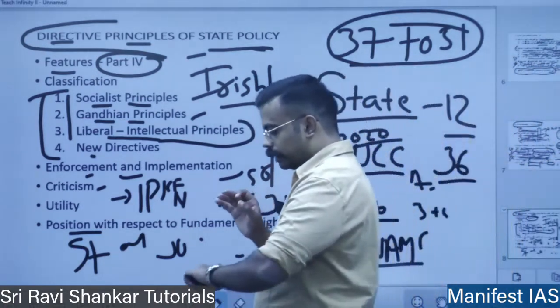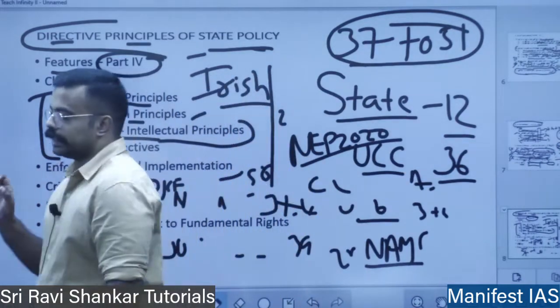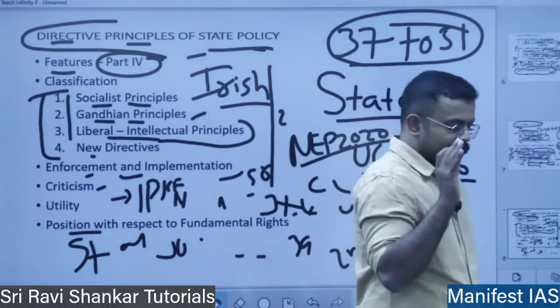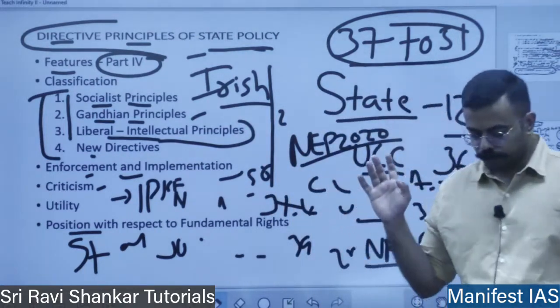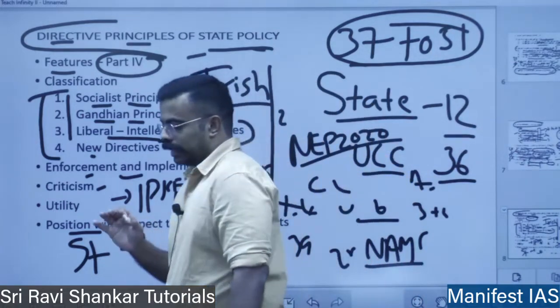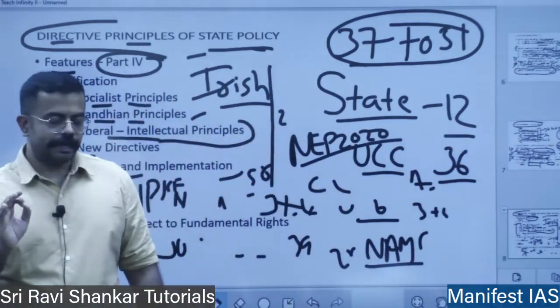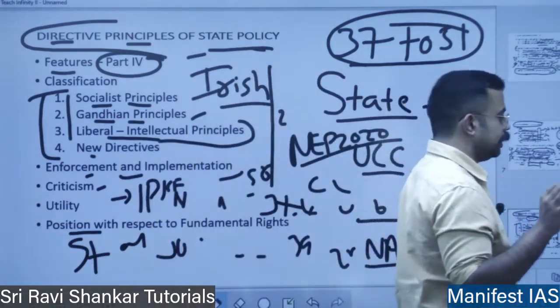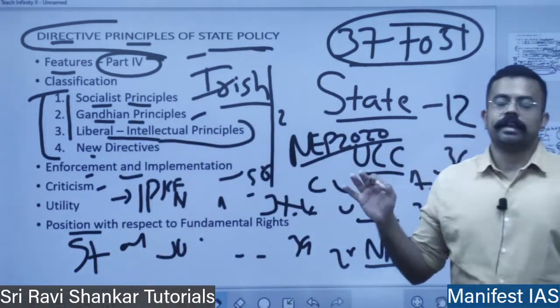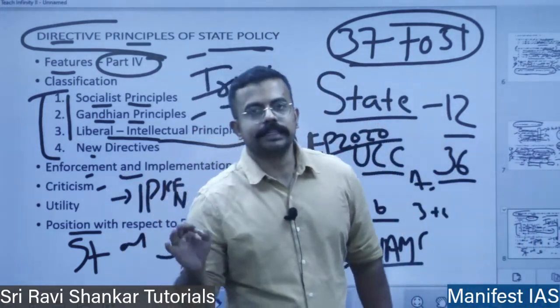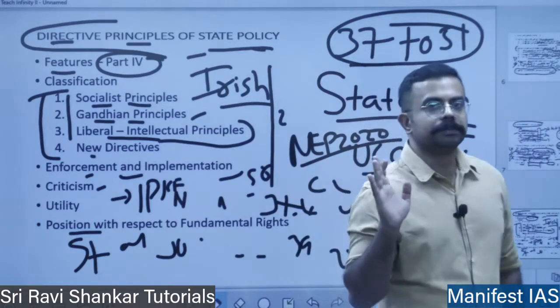That is when the concept of basic structure emerges in the Kesavananda Bharati case, 1973. Yesterday also I spoke about this important case. Then in the Minerva Mills case, 1980, the Supreme Court says that the Indian Constitution is formed on the bedrock of fundamental rights and directive principles.